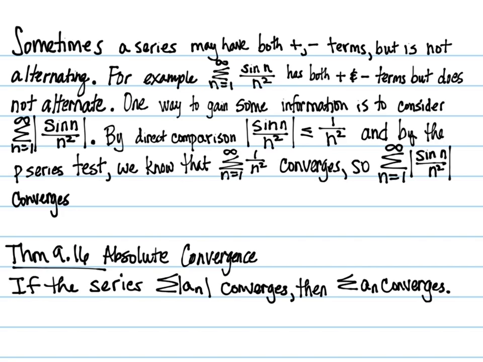And notice it doesn't say the other way around. It doesn't say that if the summation of a sub n converges, that this absolute value one is going to converge as well. And in fact, it doesn't have to work that way at all.